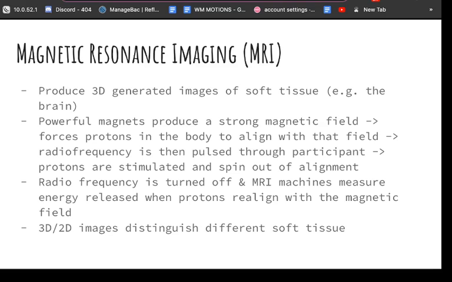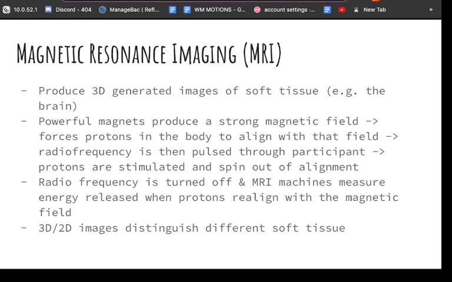Basically, it has a powerful magnet that creates a big, strong magnetic field, and in our body we have atomic nuclei or protons, and it forces our protons to align with the field. After that, radio frequency is pulsed through the participant, and the protons are stimulated and spin out of alignment.